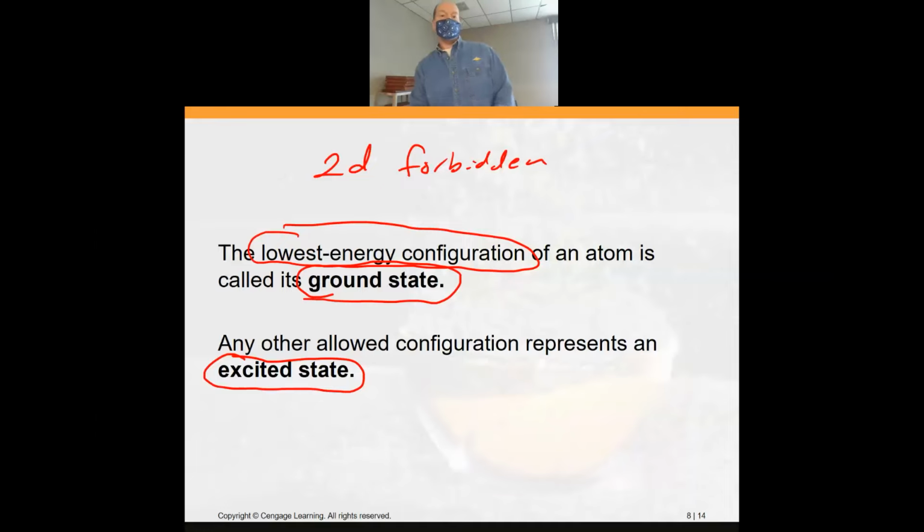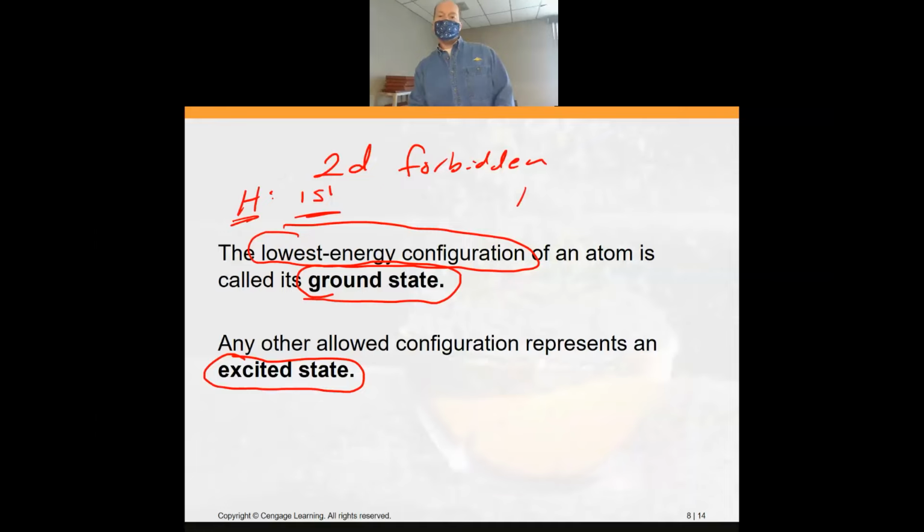All right, so if we started with hydrogen, the electron configuration of hydrogen is 1s1. That is the ground state electron configuration of hydrogen. So if I'm asking for the electron configuration of hydrogen, I want the ground state, which is 1s1.